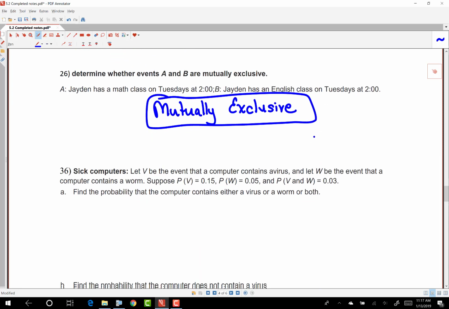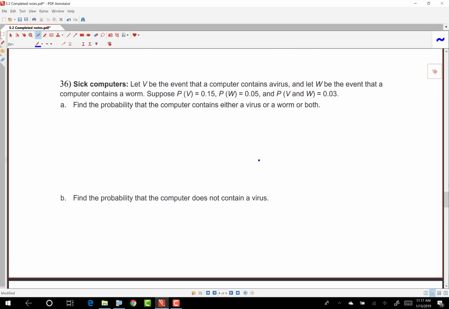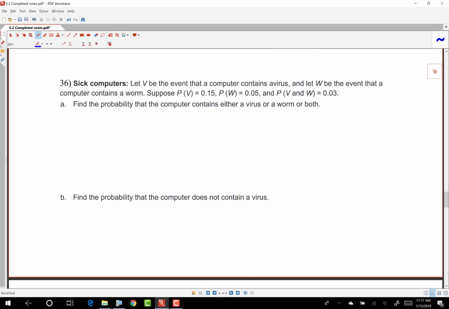Okay, let's now calculate some probabilities and some real-life examples. For number 36, it says, let V be the event that a computer contains a virus, and let W be the event that a computer contains a worm. Suppose that the probability of V is 0.15, so that's the probability of a virus.